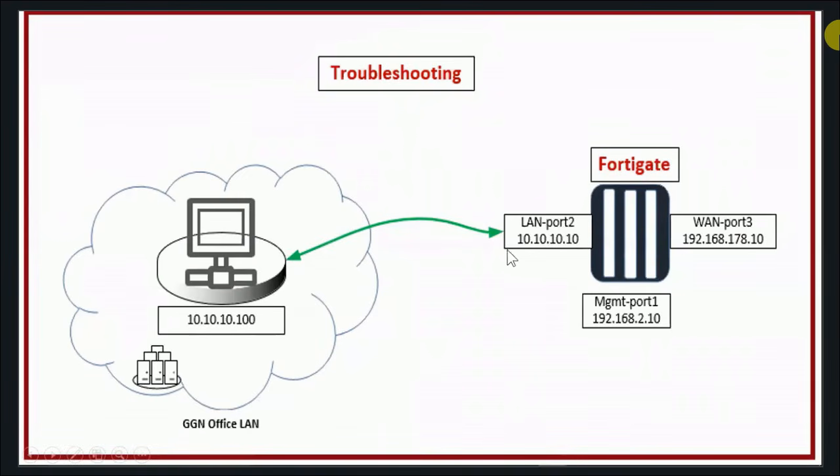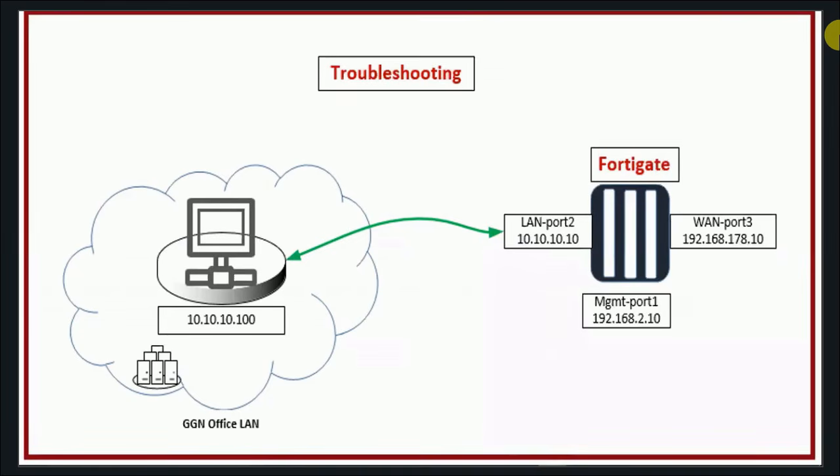In the LAN port, it has the 10.10.10.10 IP, and in the WAN port, this is the IP address. In the management port, this is the IP address. How to configure these things, I have explained in my other video. I have already shared that link in the description, and you can go there and see the configuration part. Today's video is just to understand the difference between the different diagnose methods.